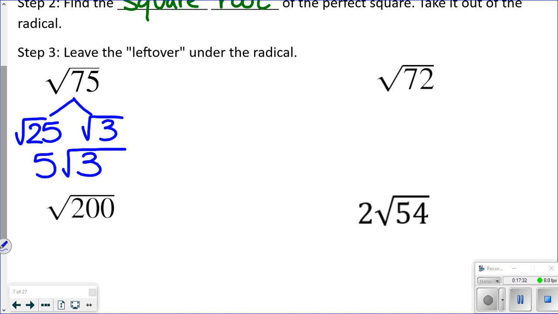So this right here, 5 square root 3 is my final answer. 5 times square root of 3. All right, let's break down 72. What is the largest perfect square that goes into 72?